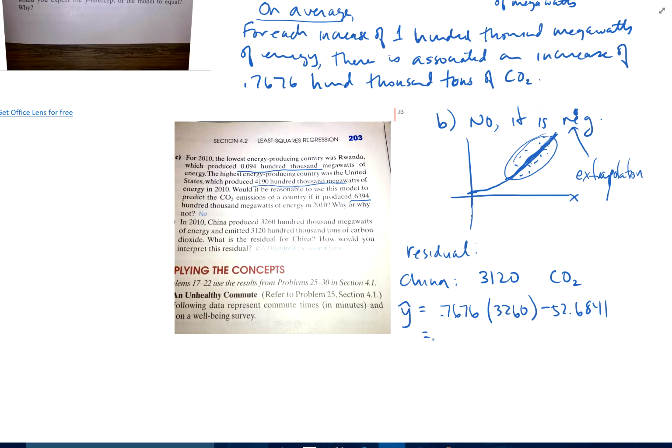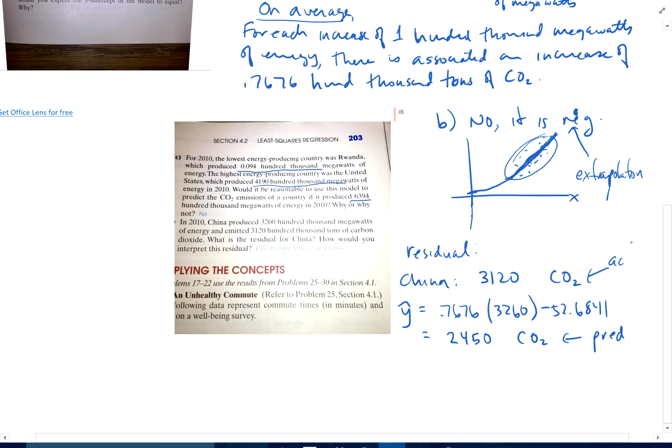0.7676 times 3260 minus 52.6841 is 2449, 2450 if we round it, 100,000 tons. So this is the predicted.